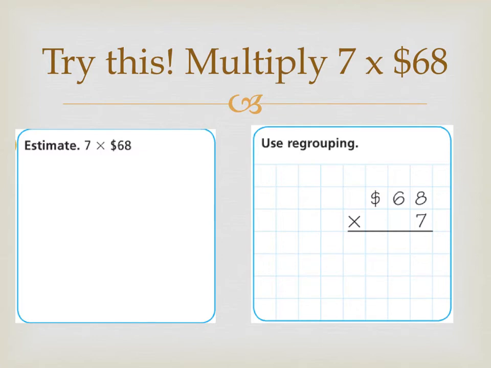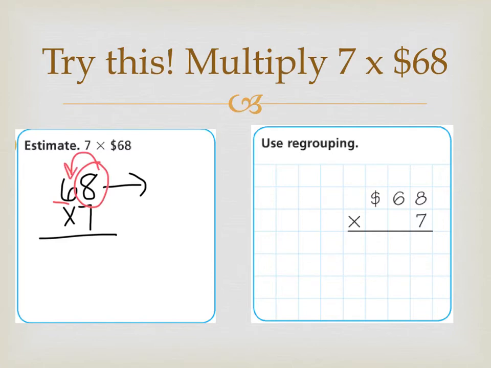To estimate 68 times 7, I first write my problem down and round 68, in this case a tens number, to the nearest 10 and get 70. 70 times 7, since 7 times 7 is 49, it's 490.